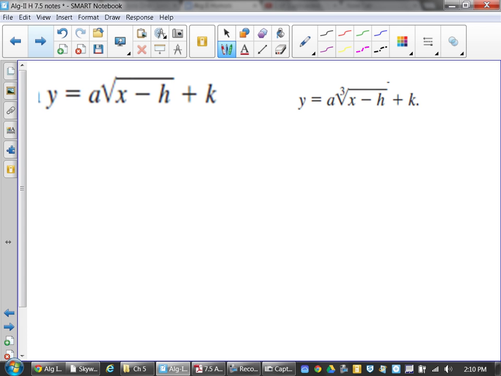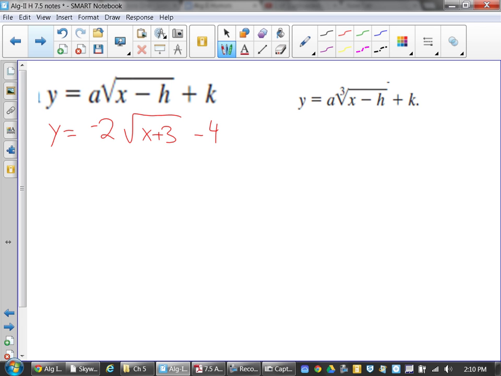So let's walk through a problem. They're very similar in the way they set up, and they're very easy to work with. Let's say it's y equals -2 square root of x plus 3 minus 4. Set it up this way.